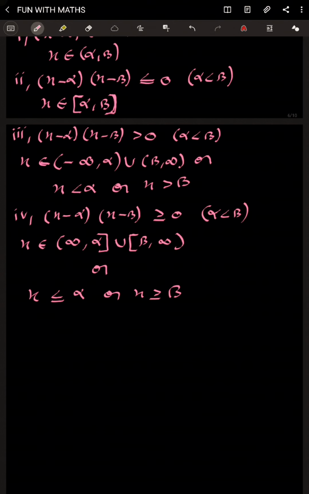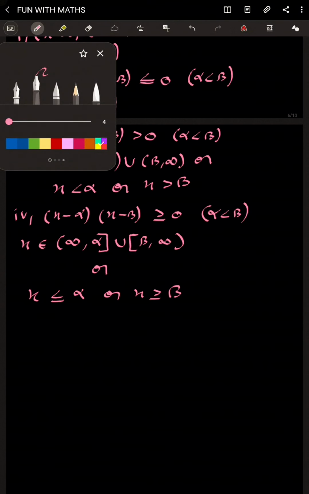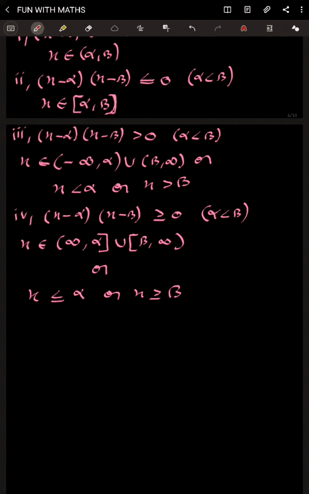And next and last one, that is maximum and minimum values. So 10th one, maximum and minimum values.